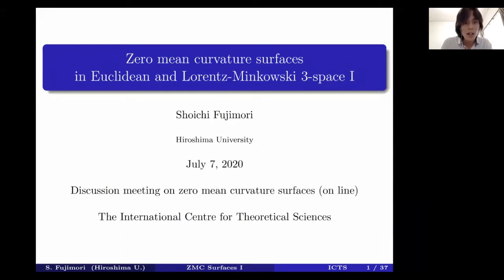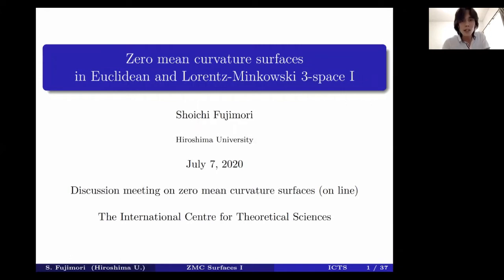So I have 3 slots of my talks, and I'd like to give zero mean curvature surfaces in Euclidean and Lorentz-Minkowski 3 space. The main topic of this meeting is zero mean curvature surfaces in Lorentzian space. But this topic is highly related to minimal surface theory in Euclidean space.